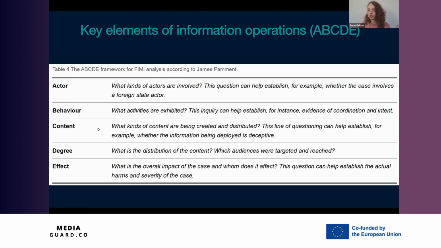Degree and effect, which is also a very important step of analyzing information operations, because we need to understand the distribution and potential impact it has. I worked as a fact checker for 5 years, right before the DFR Lab, and we had this policy that we are not reacting to all of the fake news out there in the Georgian information space, because I'm based in Georgia, whatever, it doesn't matter.